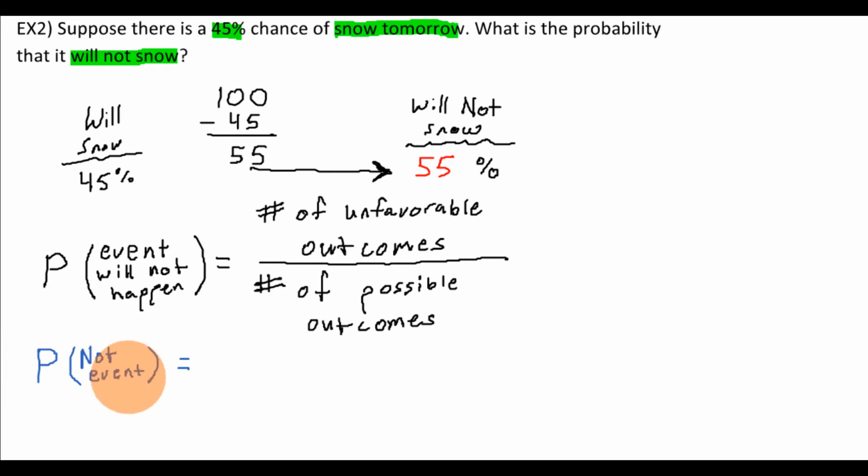But the probability of an event not happening is equal to, let's set up our fraction bar here, the number of unfavorable outcomes. Well, earlier when we looked at events that will happen in other videos, we broke it down to a simple equation that just said fav outcomes. Let's keep this simple, and this time we'll just write it as unfav outcomes.